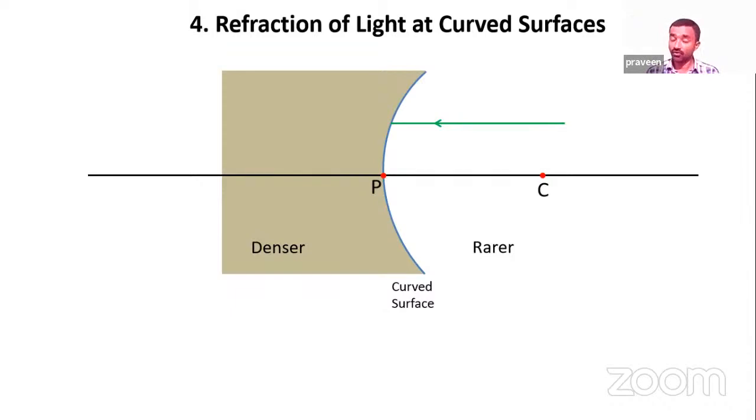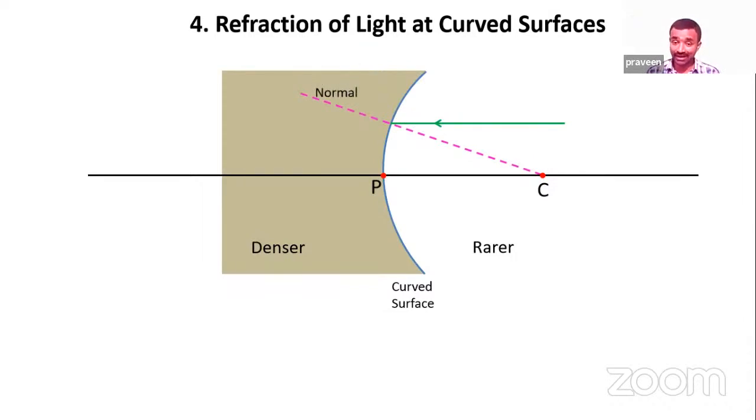Then connect the point of incidence and the center of curvature using the dotted line called the normal. Okay, normal is drawn.